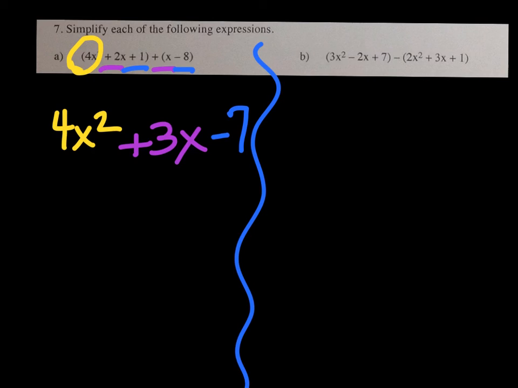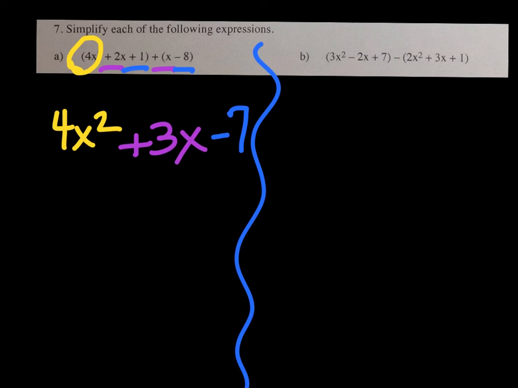And then I have a plus 2x on the left, and inside the right is a positive x, so 2x plus x is going to be plus 3x. And then we've got a plus 1 and a minus 8. And so 1 minus 8 is negative 7. And that would be the final answer to that expression.